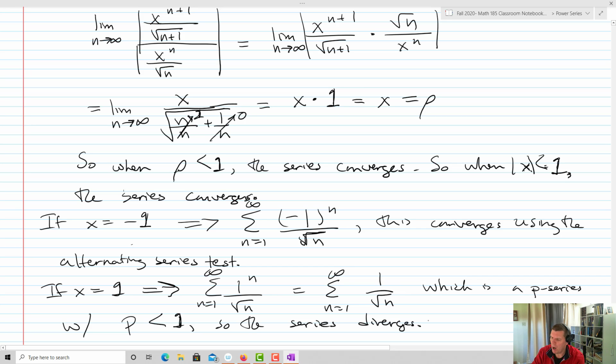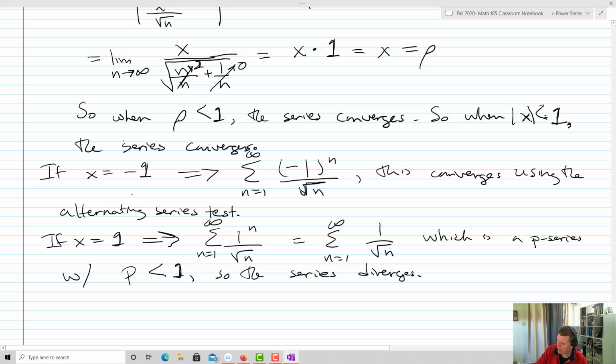So our rho, okay, is less than 1 when the absolute value of x is less than 1. So that's my radius of convergence.